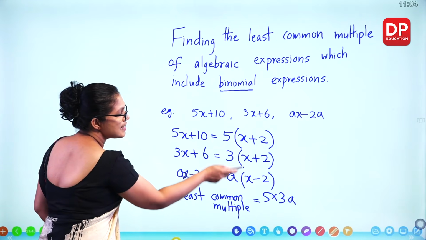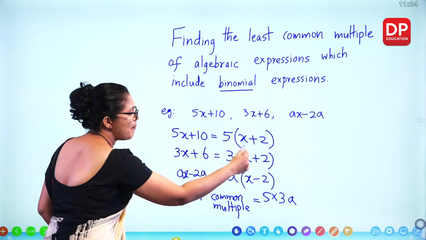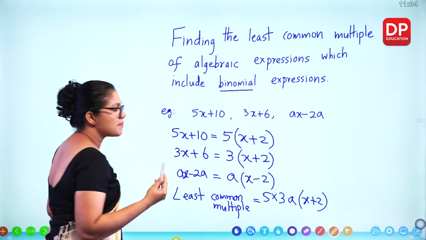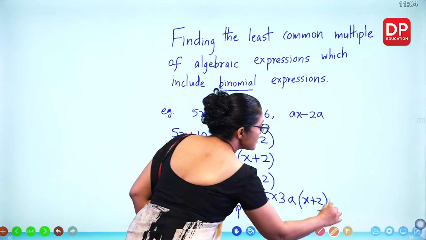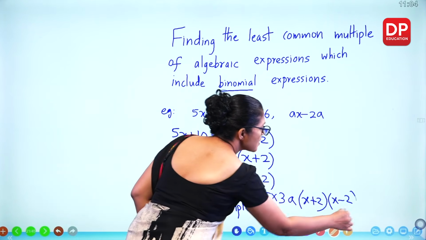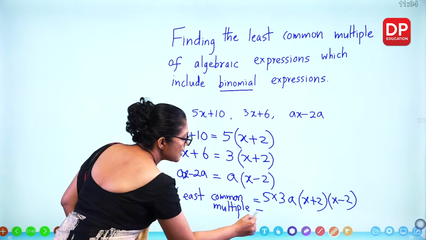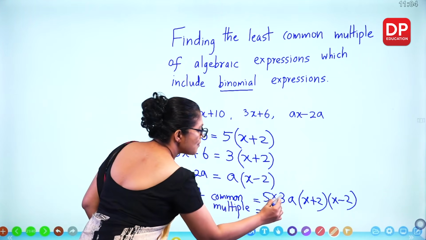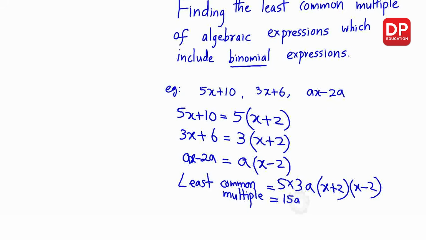And when you take this expression, x plus 2 is there, power of 1. So x plus 2 is there, and also x minus 2 is there as the expression. So you can write x minus 2. So what's the least common multiple? I can write 5 times 3, 15a, x plus 2 and x minus 2.